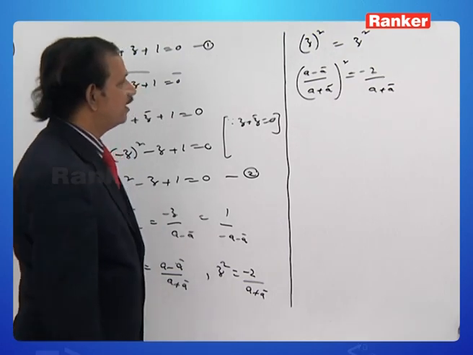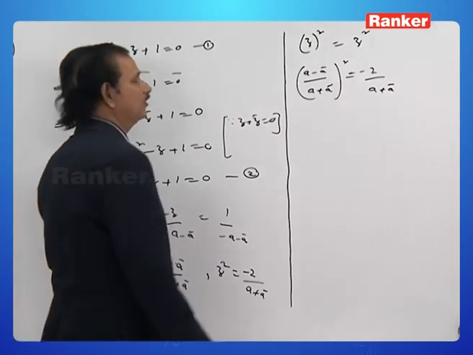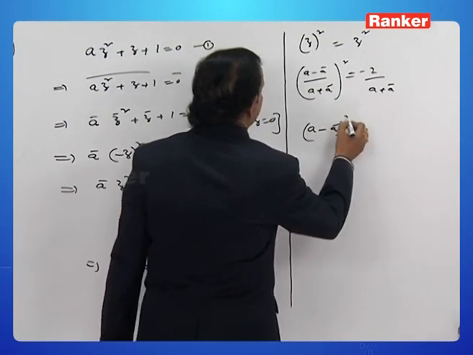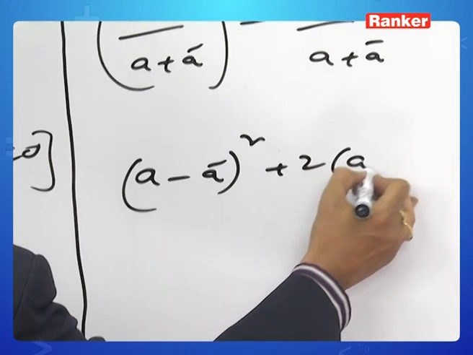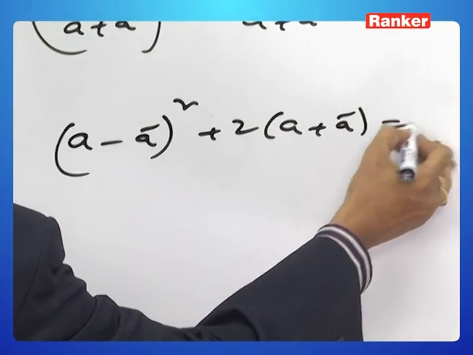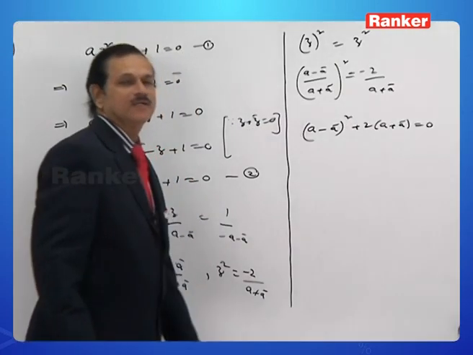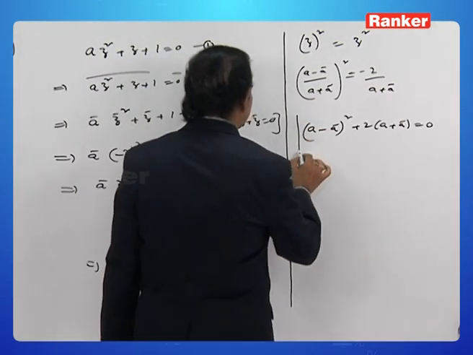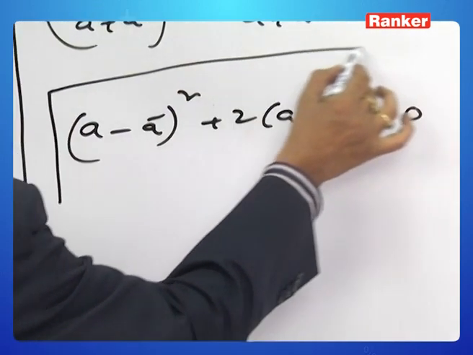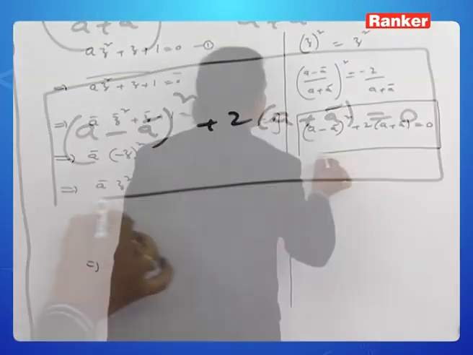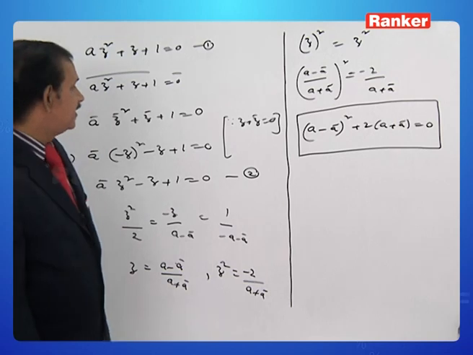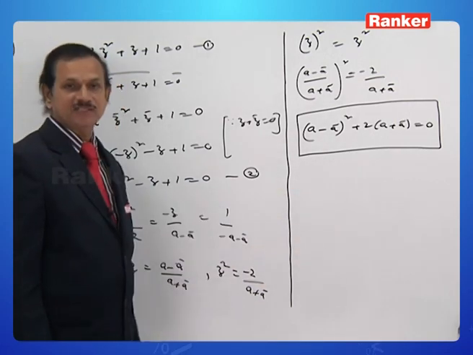Multiply with a plus a bar on both sides. What do you have? a minus a bar whole square plus 2 into a plus a bar is equal to 0. This is the useful step we could have got. Well, let me now try to make use of this step.